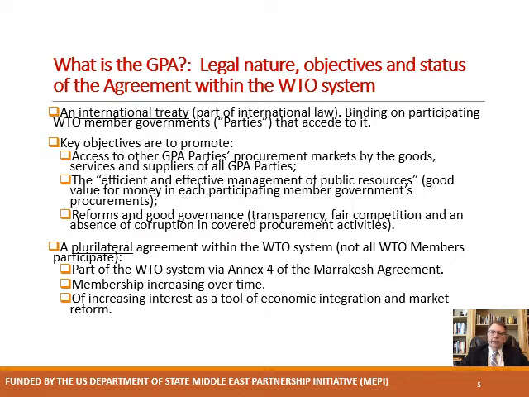In practice, that means good value for money in each participating member government's procurements. And the third objective I'll mention is to promote reforms and good governance in the government procurement sector. Specifically, when we speak of good governance, we mean transparency, fair competition, and very much an absence of corruption in GPA-covered procurement activities.